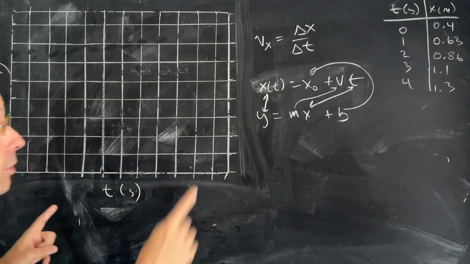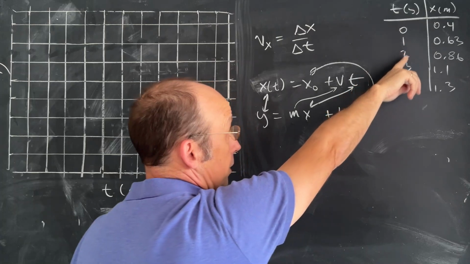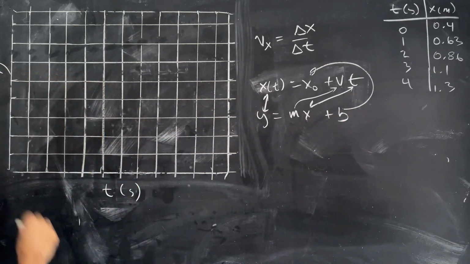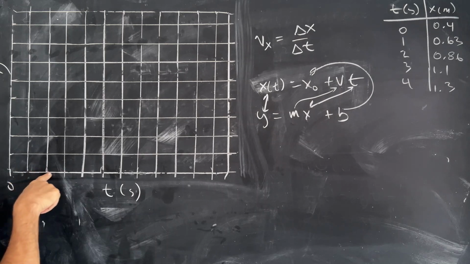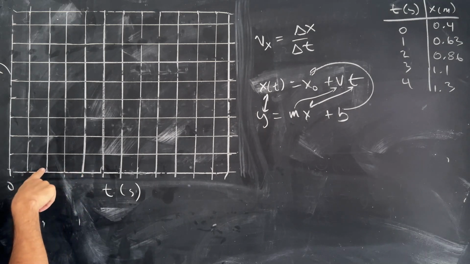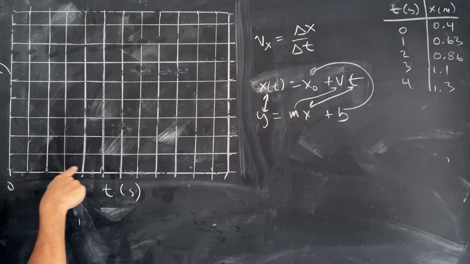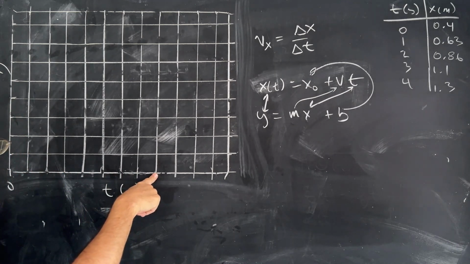The next thing I want to do is to space out my values, right? So here my time's going from 0 to 4 seconds. So I could start this at 0, and then I have 1, 2, 3, 4. That's not going to be big enough. So I could go 2, I go 1, 2, 3, 4, and that's probably going to be big enough. So let's just do it that way.